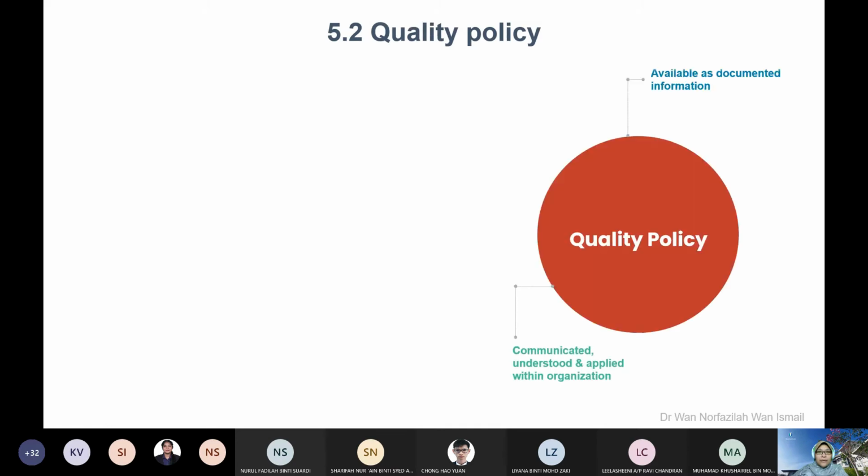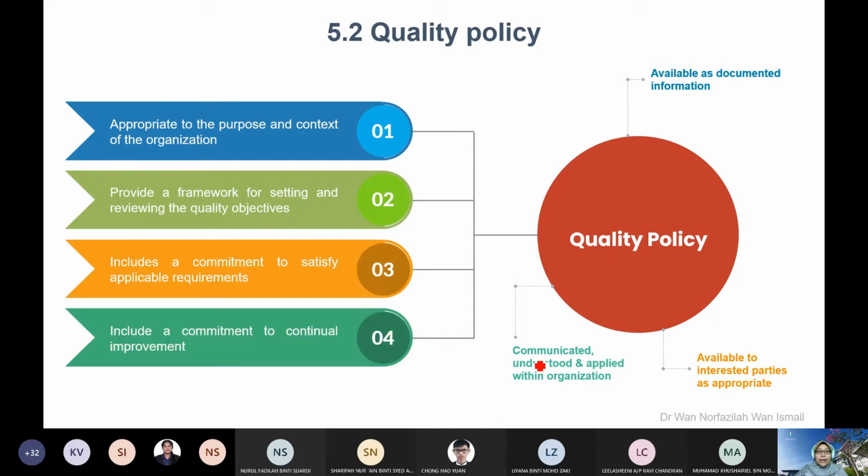5.2, a leader needs to communicate, understand and apply the quality policy of the organization, within the organization or within the lab. In your case, your scope is only the laboratory, but we can also apply it to other departments in an organization.